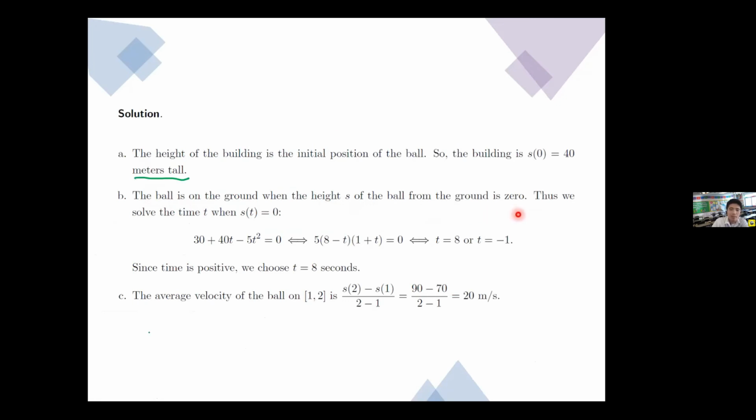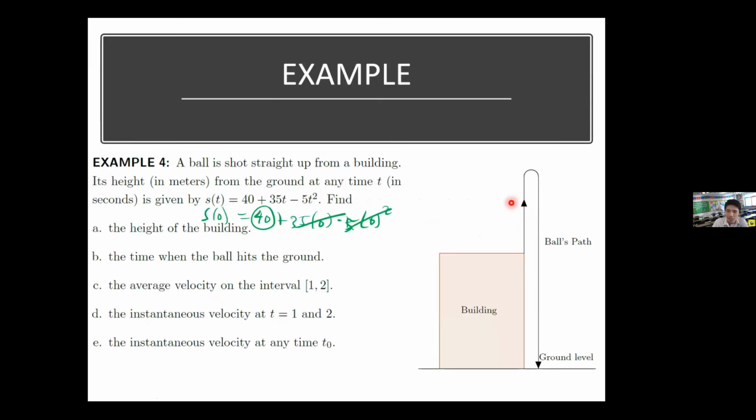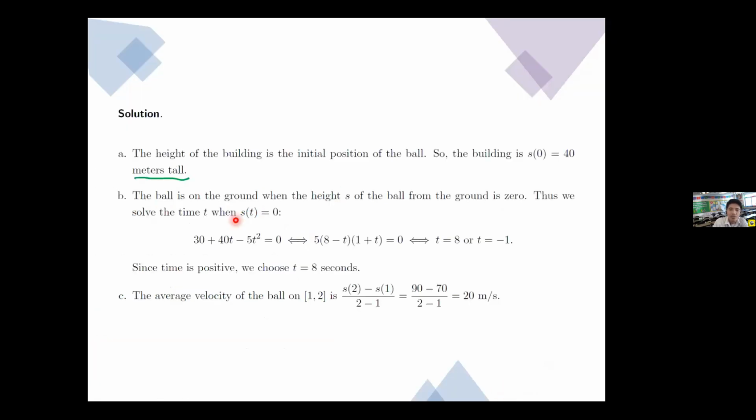Tama ba? Because ma-hit man siya sa ground kung 0 na iyang s. Kaya again, kaning s of t na to, mao man ang distance niya, height from the ground. So, kung mo-hit na siya sa ground, 0 na iyang s. So, we simply equate lang nimo si s of t to 0.